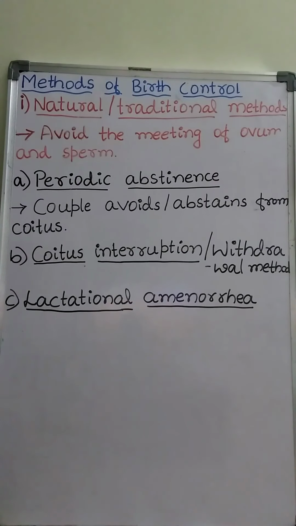This method is based on the fact that ovulation and therefore the menstrual cycle do not occur during the period of intense lactation soon after parturition. As long as the mother breastfeeds the child fully, the chances of conception are almost nil.